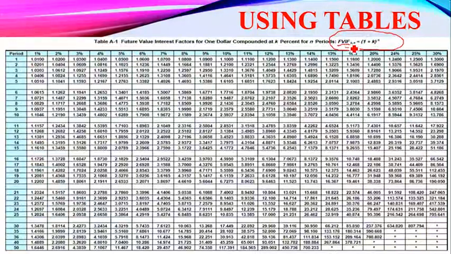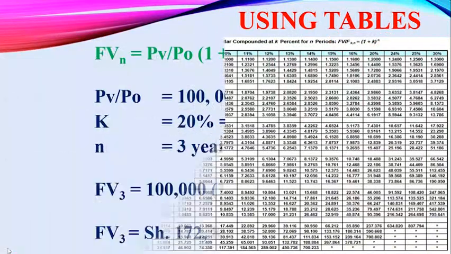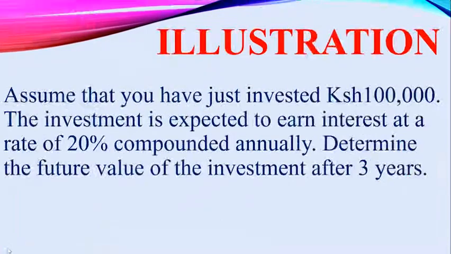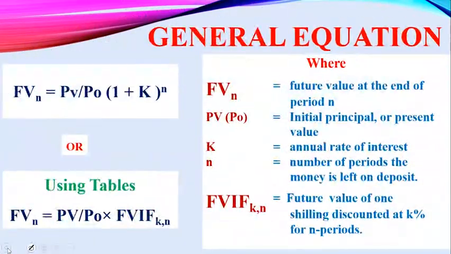Look at this: future value interest factor. If I take you back to our formula, we said that to get the future value of n, you take the present value and multiply it by the future value interest factor. So this section here is the one that is going to guide you to choose the right table.